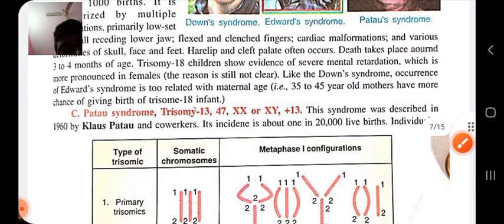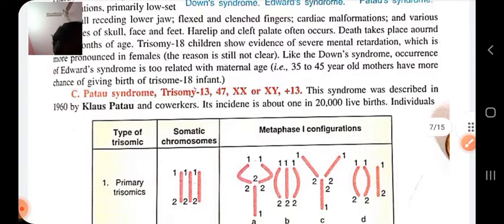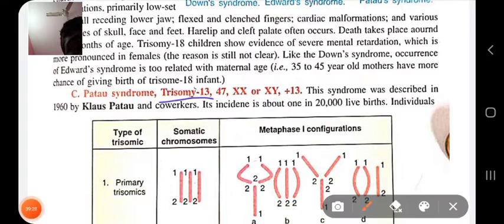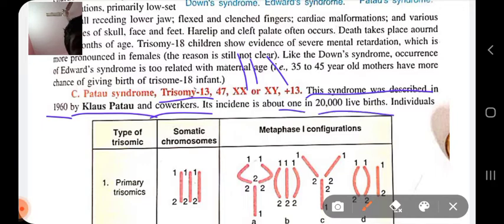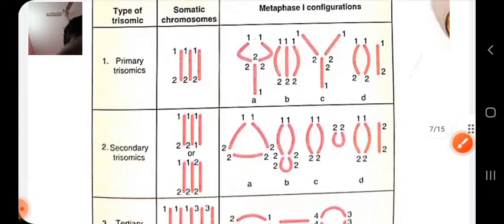Third is Patau syndrome. Patau syndrome is trisomy 13, that means the 13th chromosome occurs 3 times. This syndrome was described in 1960 by Klaus Patau and his co-workers, and it occurs in 1 out of 20,000 live births.